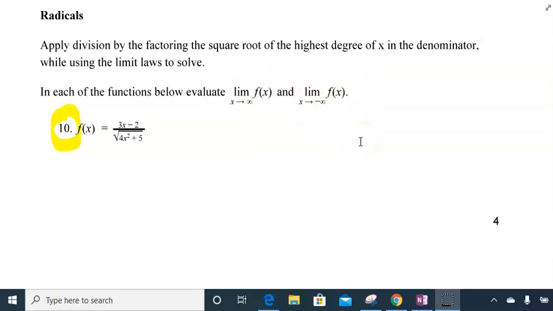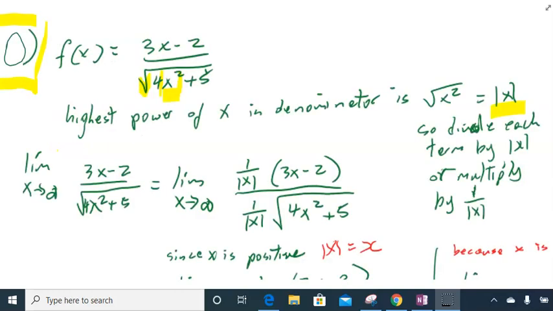So considering this function, f of x is equal to 3x minus 2 over the square root of 4x squared plus 5.